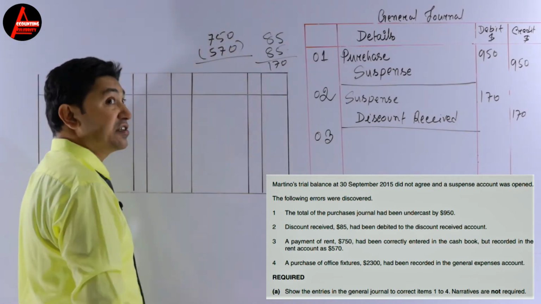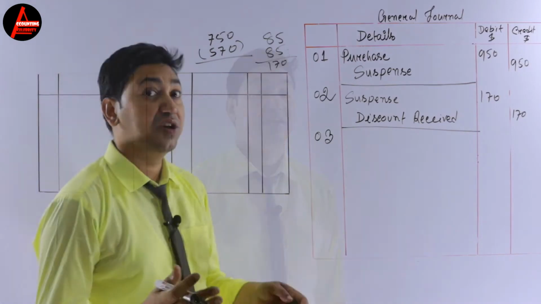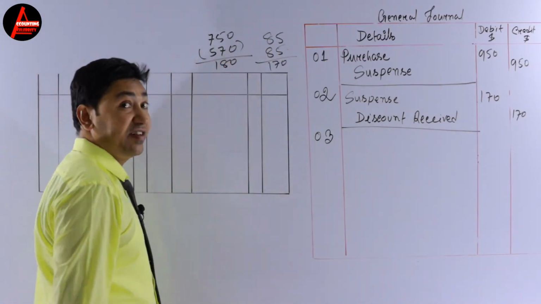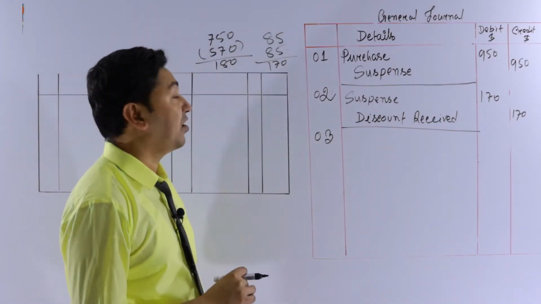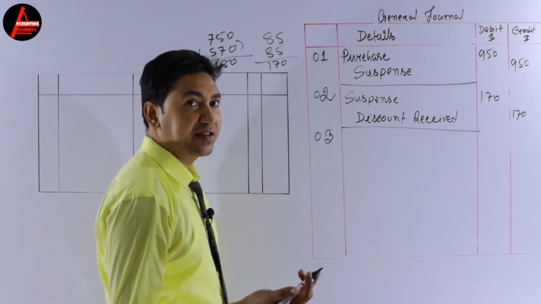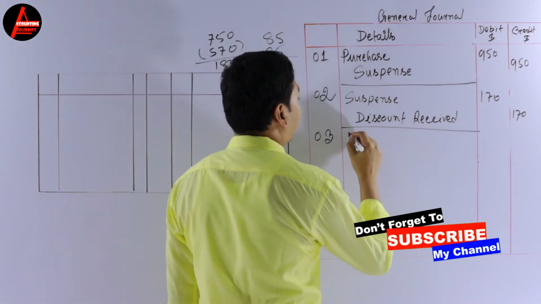So how much was written in the book less? It is $180 written less. Now we have to write this $180 newly with a new transaction. Rent is an expense, obviously expense must be debited. It's a nominal account.